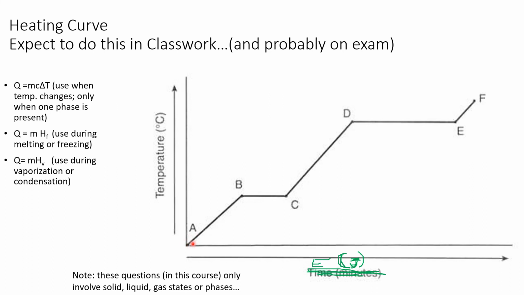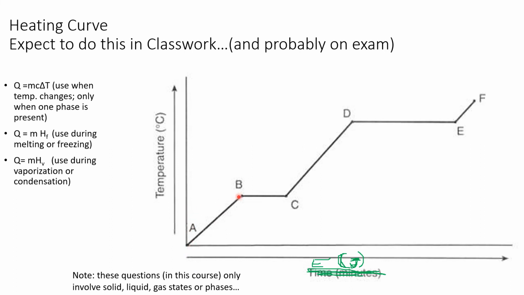As I apply more energy on the x-axis, on the y-axis my temperature goes up. And we can actually determine a slope on this. The C, the specific heat, gives us the slope of this line. And so as we change the amount of heat added, we can increase the temperature.